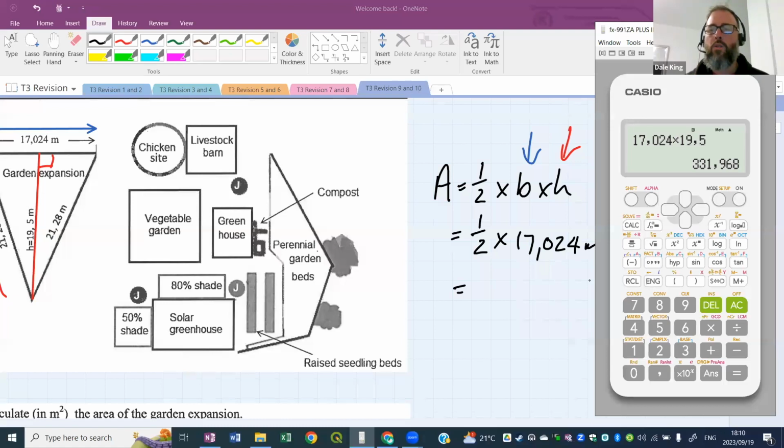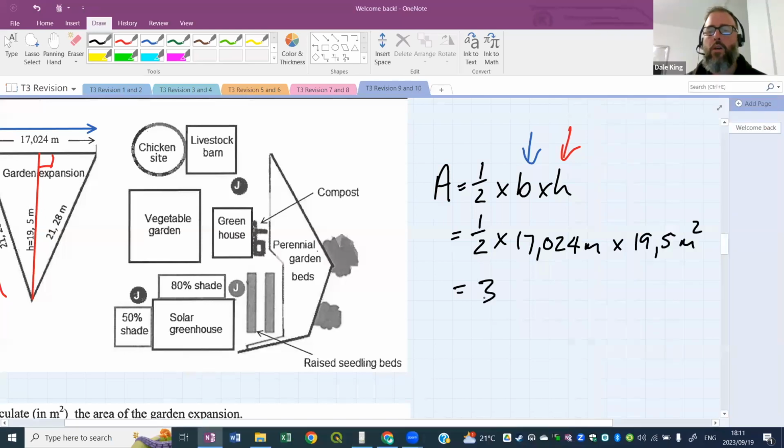All right, 331. Yes. 331,968. You happy with that? Yes. And the units are meters squared, and then we'll round this off to 97.